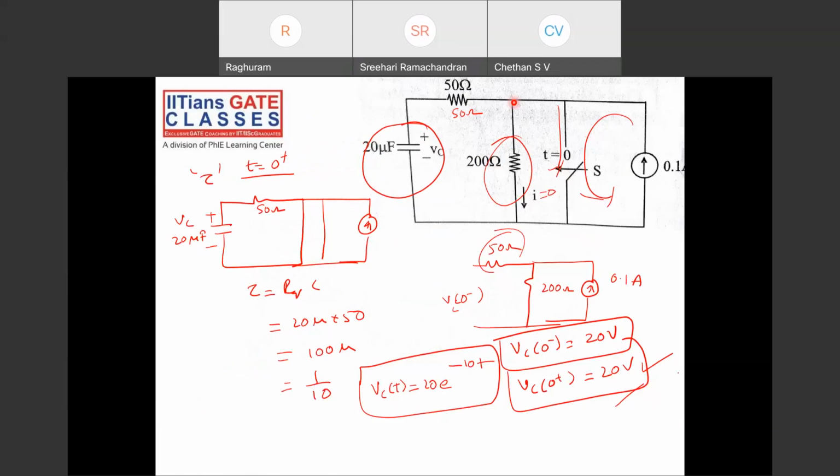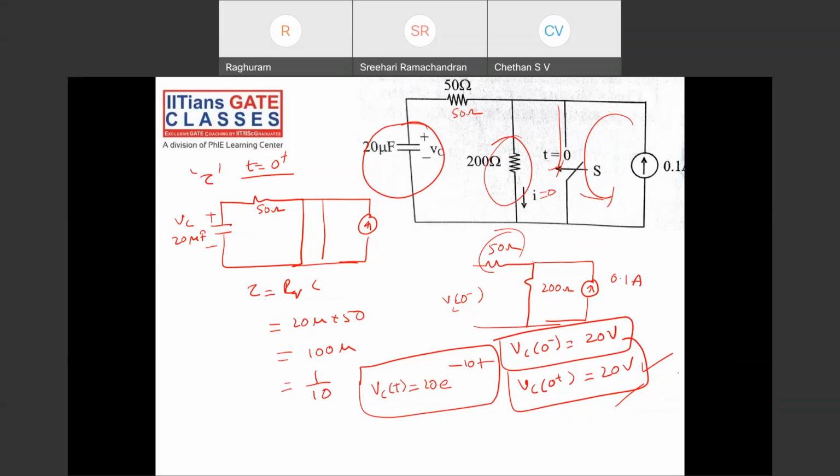One doubt, sir. While calculating this time constant, the unit should be in seconds or something. Yes, you'll get it in seconds only. 50 into 20 microfarad, so 1000 into 10 raised to minus 6. So 10 raised to minus 3, it will be in milliseconds, right, sir?